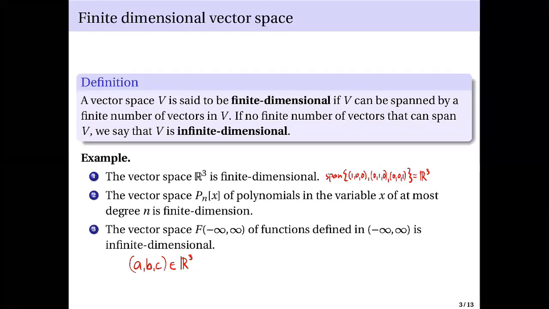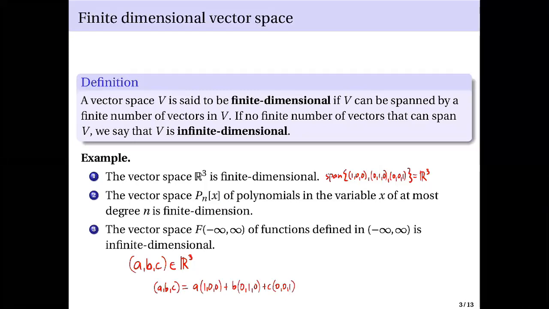But this vector (a, b, c) is simply a times (1, 0, 0) plus b times (0, 1, 0) plus c times (0, 0, 1).